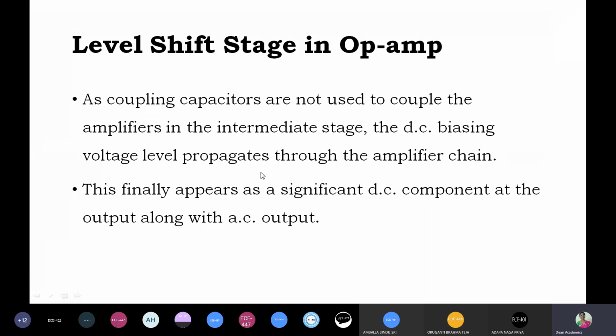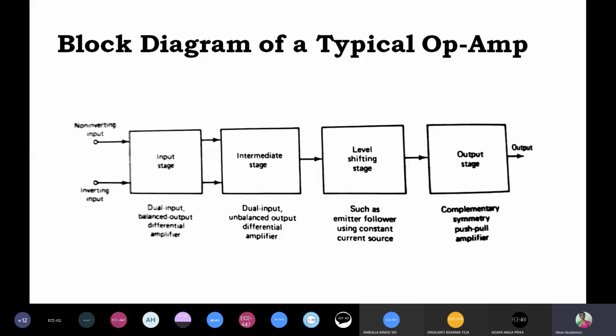Okay, we are discussing the level shifting stage. What is this level shifting stage? We have seen the block diagram of a typical op-amp, which consists of various stages, and in the previous class we saw all these stages.